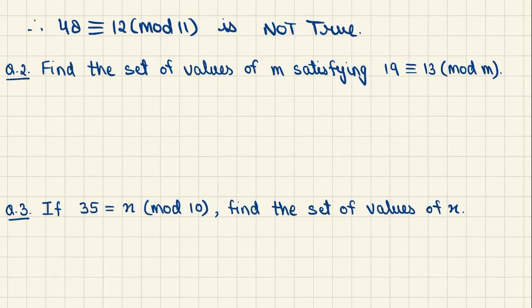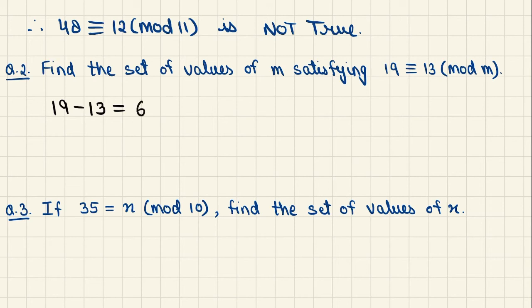This question says, find the set of values of M satisfying the statement 19 is congruent to 13 mod M. So we need to find all possible values of M which satisfy this statement. We can start with 19 minus 13, which gives you 6.